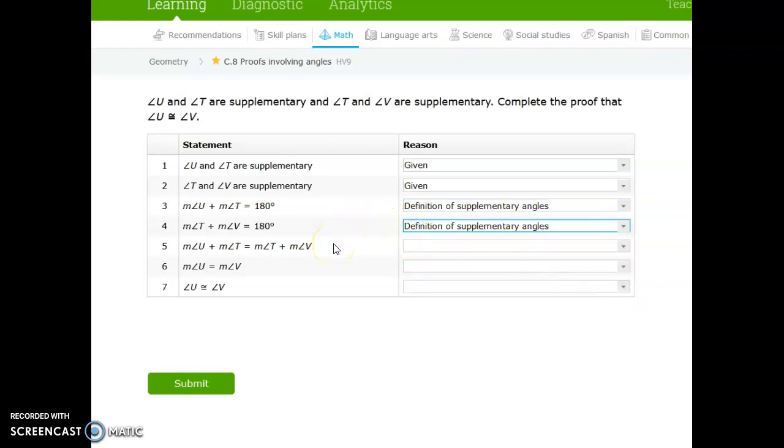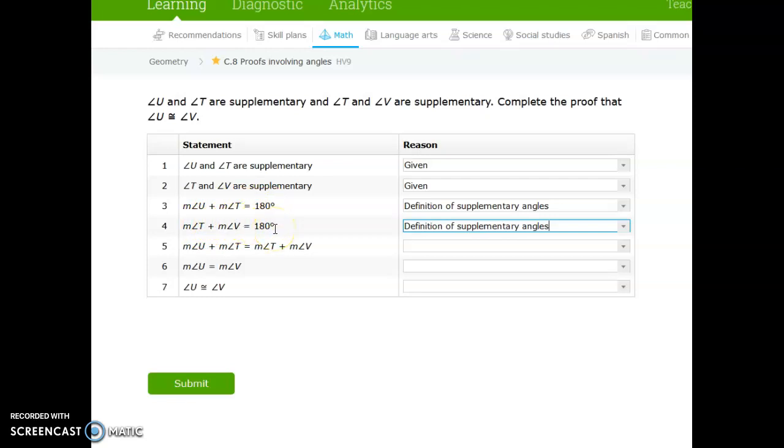All right, so let's take a look at the next line. It says the measure of angle U plus the measure of angle T equals the measure of angle T plus the measure of angle V. Now let's look at the two lines above and see if we can determine where they came up with this line. On line 3 it says that the measure of U plus T equals 180, and on line 4 it says the measure of T plus the measure of V equals 180.